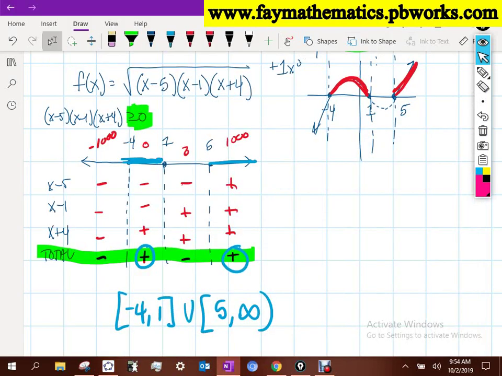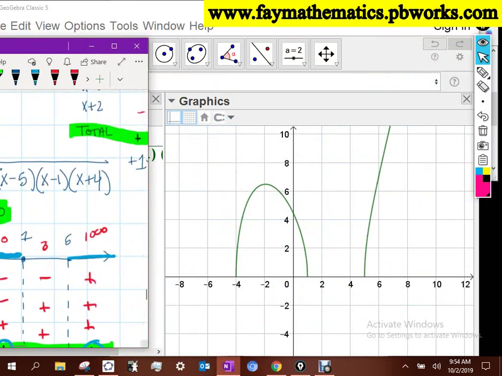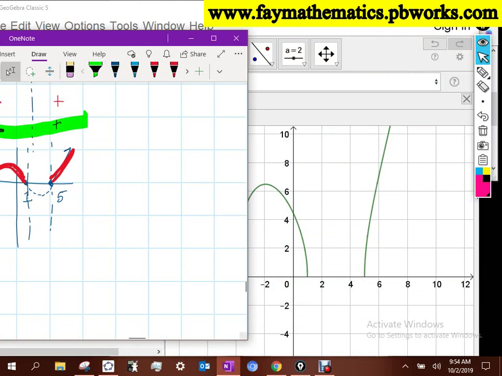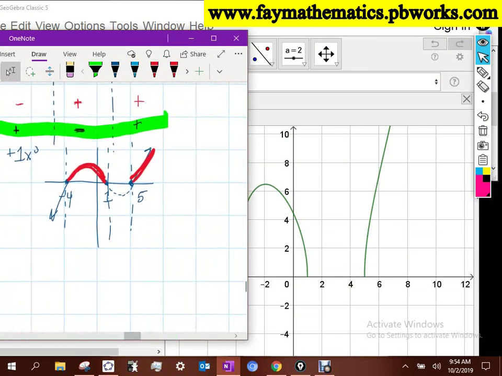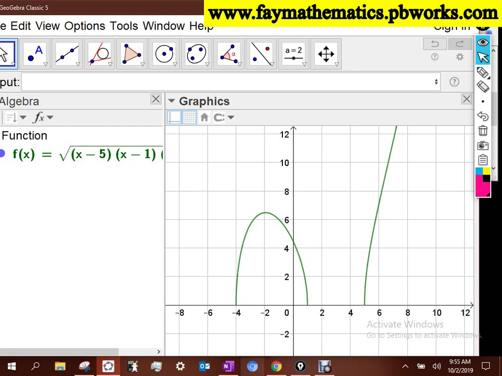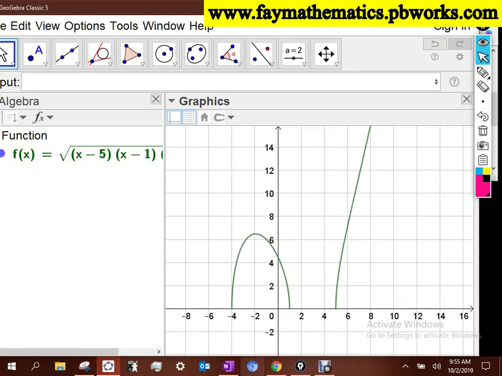It looks nothing like this little graph that I showed you earlier, right? When we started this problem. Where'd it go? It doesn't look like that cubic right there. Okay? The red part maybe does. But, okay, do we see that we have an interval from -4 to 1? And then from 5 to infinity? Does that make sense to everybody?